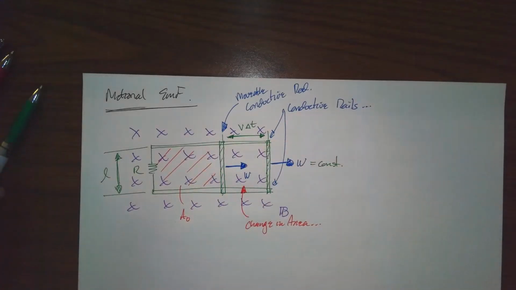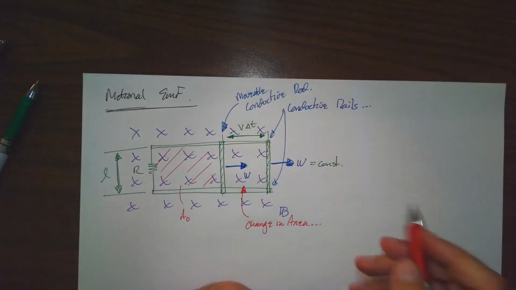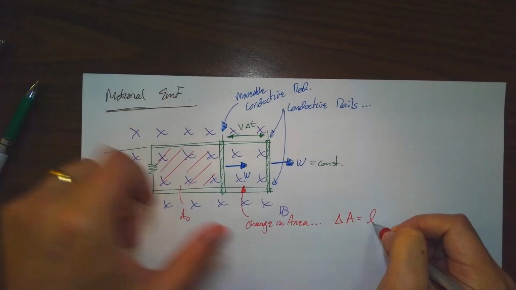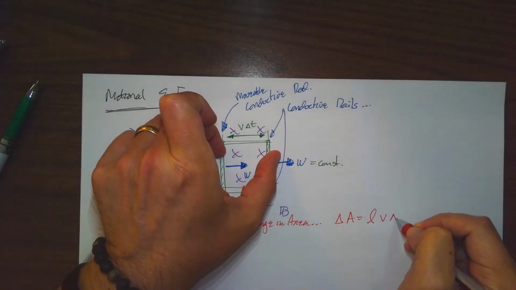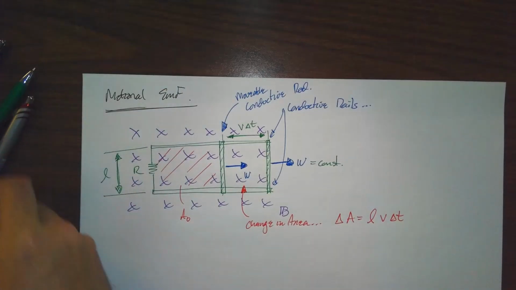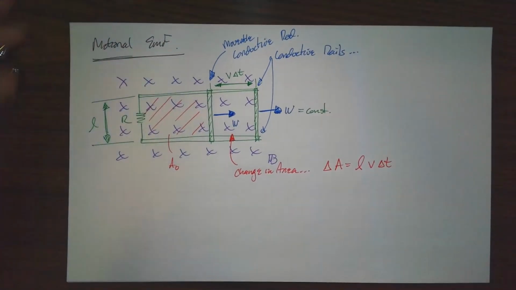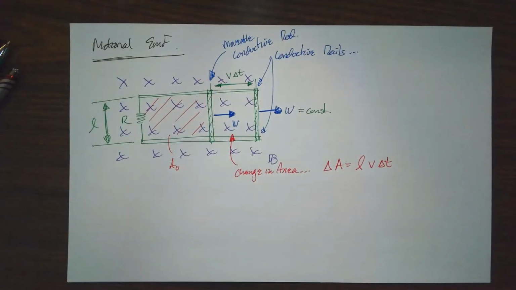And so therefore our change in area is this length times that distance, like so. Okay. And so then, having the rod move down the rails, we increase the enclosed area in the loop.